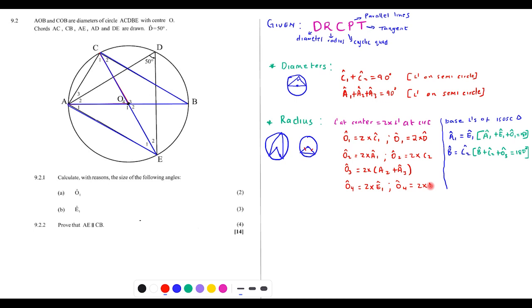All right, now what about the isosceles triangle? You can see there's an isosceles triangle there, so C1 is equal to A2 plus A3.